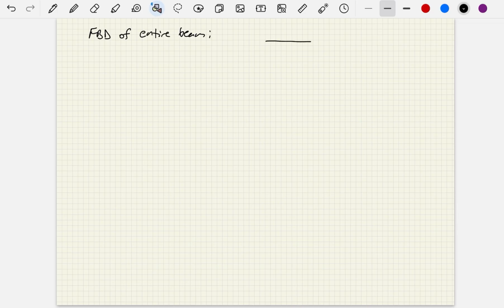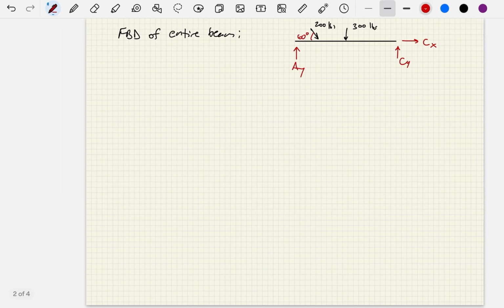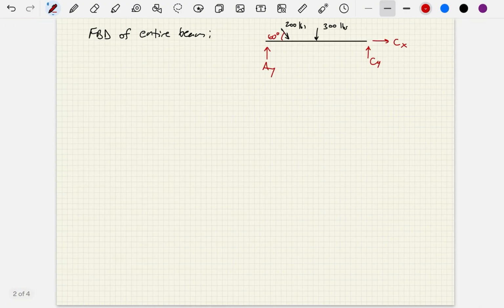So if I do that, I've got the beam here. I'm going to have an AY here, and I'm going to have a CY and a CX, and then I have the point load in the middle, and the point load at an angle, 60 degrees. Let me just double check I wrote everything right, and I did.